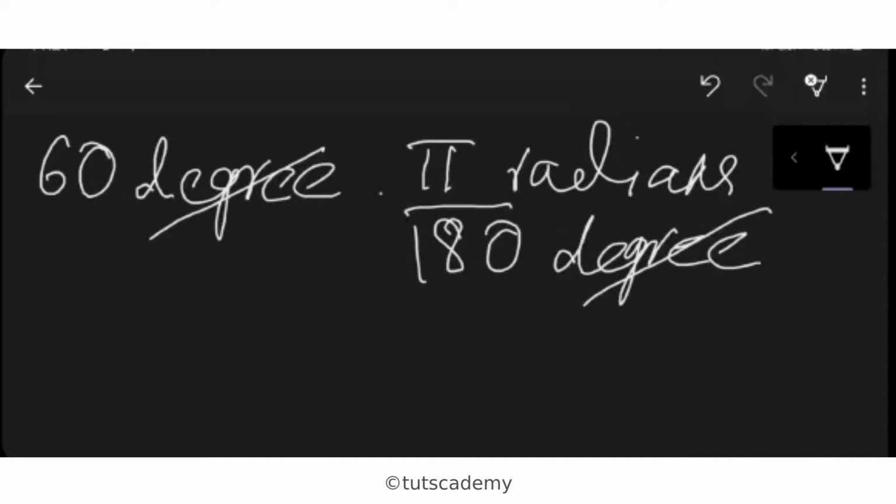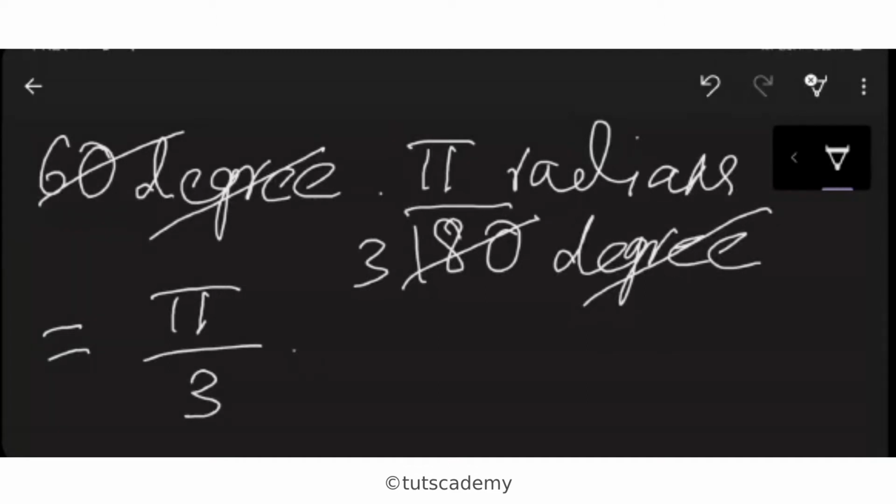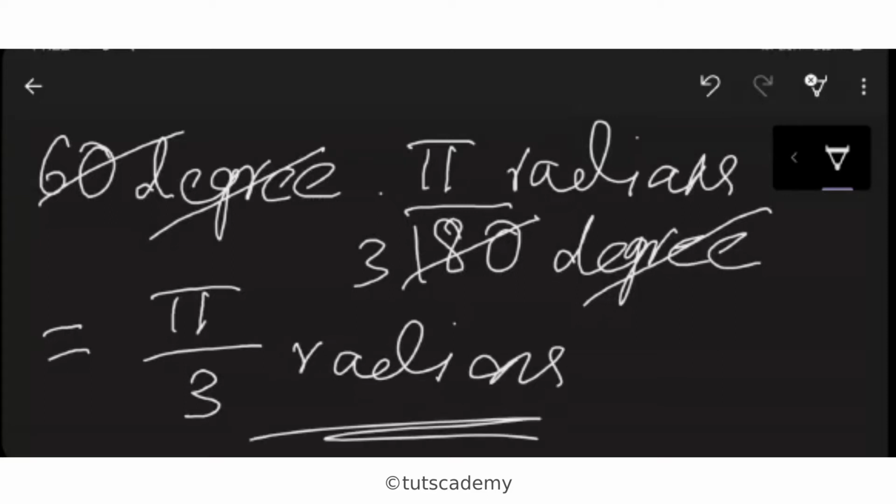We can simplify it once again. 60 threes are 180, so as you can see, we have simplified it and the answer will be pi over 3 radians. This is the answer. So this is how we convert degrees to radians.